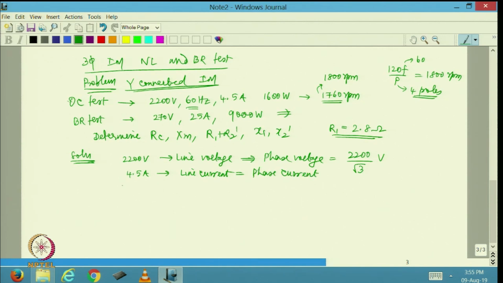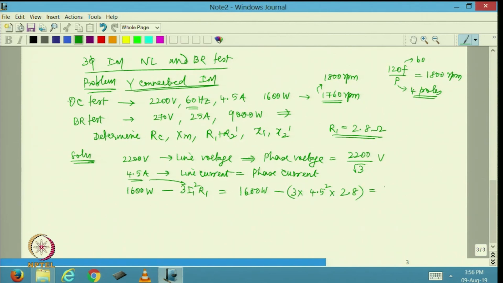So, first of all I should say 1600 watts minus 3 I1 square R1, where 4.5 ampere is my I1. So, I should be able to say 1600 watts minus 3 multiplied by 4.5 square multiplied by R1, which is 2.8 ohm.